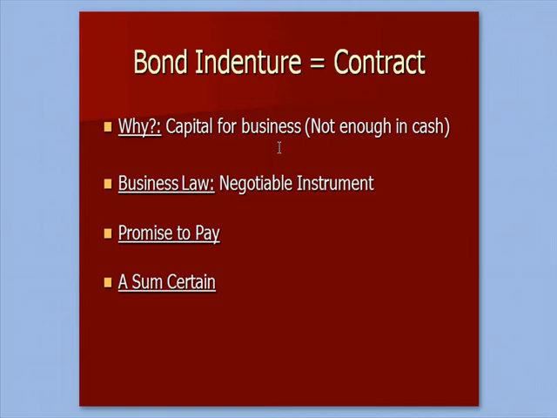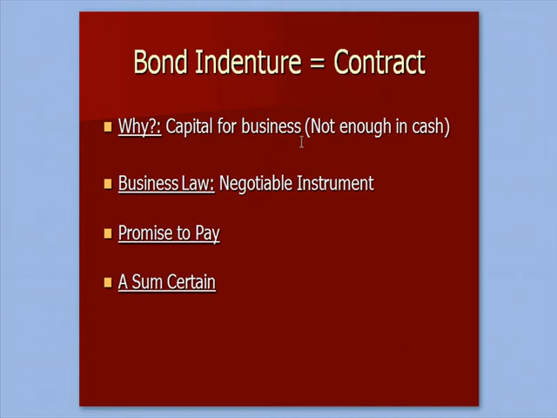One is equity. You sell ownership. You get cash in exchange for ownership. The way we're talking about today is debt. Instead of the other person being an owner, the person you're dealing with is a creditor. You get cash in exchange for a promise to pay them back.